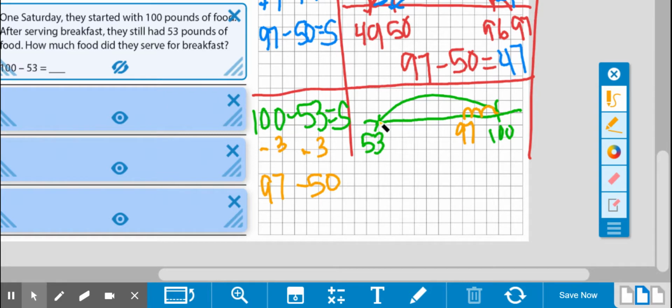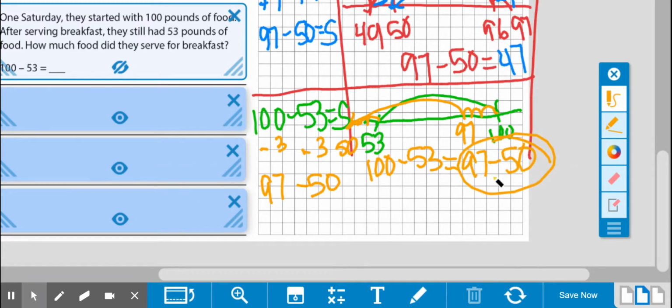If I take away 3 from here, 1, 2, 3, I'm at 50. 97 to 50 is the same thing. So 100 minus 53 is equal to 97 minus 50. But as you see here, it is so much easier to subtract 97 minus 50, and that's 47.